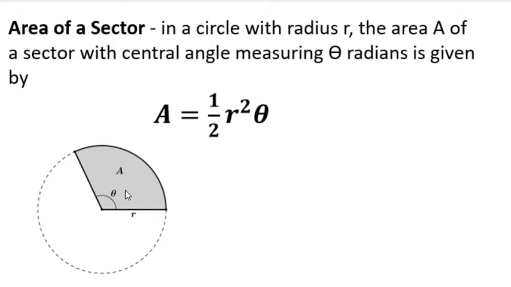So ang gagawin din natin, sa pagsabi ng area of a sector, in a circle with a radius r, the area, or that is A, of a sector with central angle measuring theta or yung angle measurement natin in the form of radians is given by the area of a sector is equal to 1/2 r squared theta.